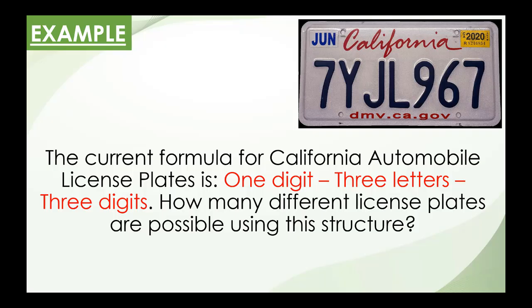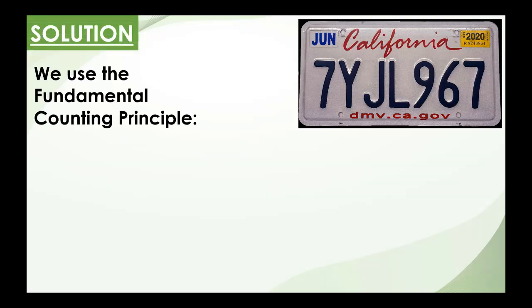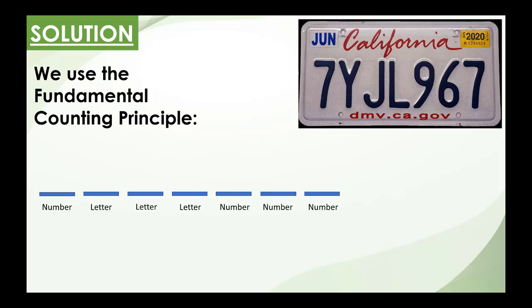But again, this can be done using the fundamental counting principle. This time we have 7 different slots to fill in. The first one is a number. It's that first digit. Then a letter, a letter, a letter, followed by a number, and a number.